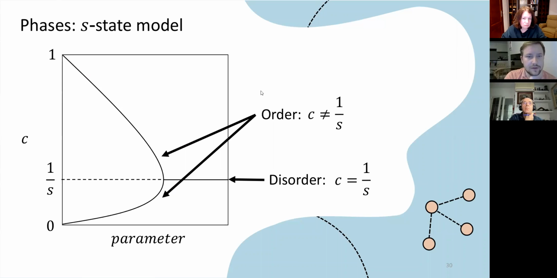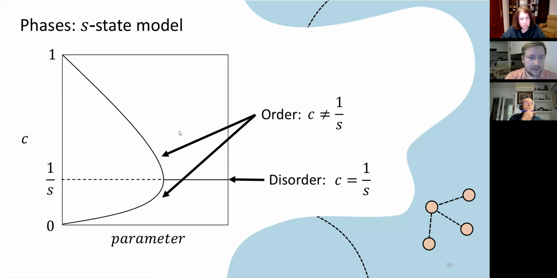And all concentrations for state 0, state 1, up to state S-1 can be described by one variable. Let's call it C. And C will describe, for example, the concentration of state 0, and all other concentrations can be expressed with this C. So we can draw the picture in which we will only use this C, and I will do it with the rest of the picture in the presentation.